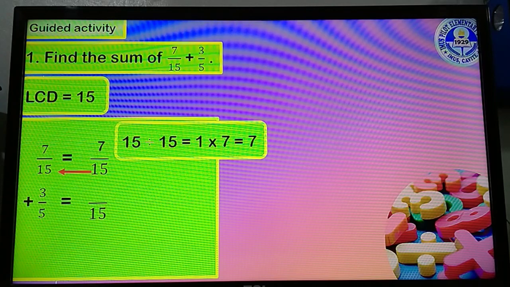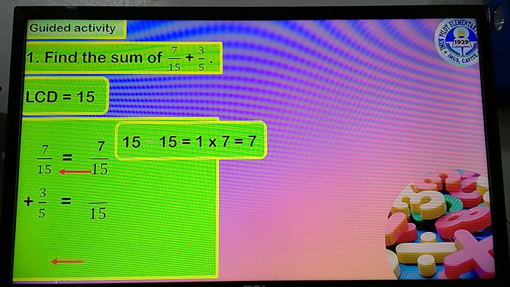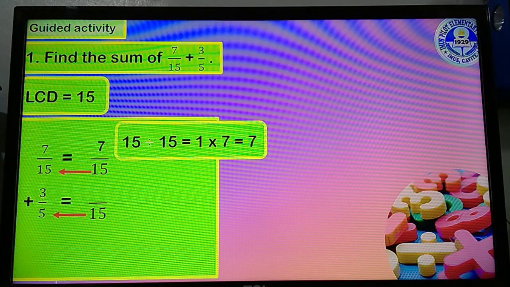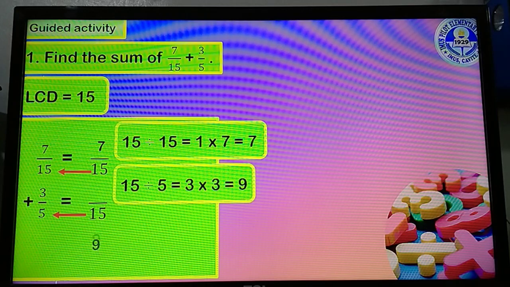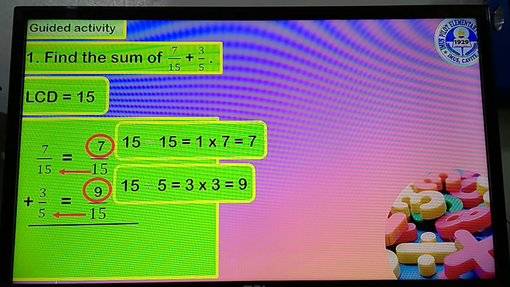Okay, the second fraction, 15 divided by 5 equals 3, times 3 numerator is equals 9. So, now, get the sum of the numerators. 9 plus 7 equals 16. Copy the denominator, 15.